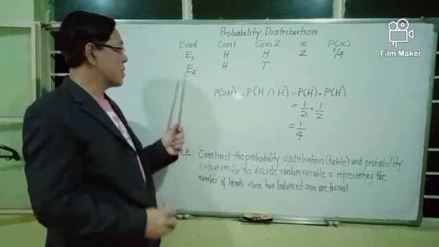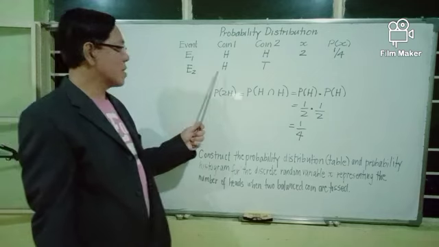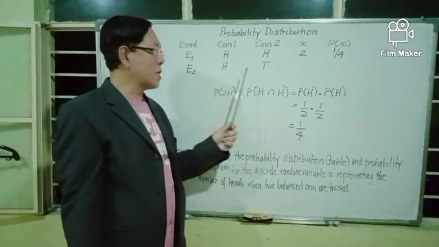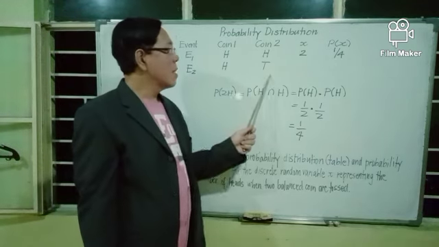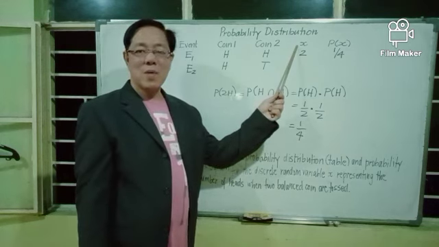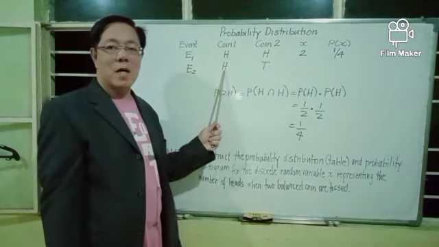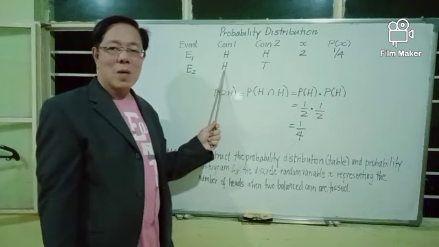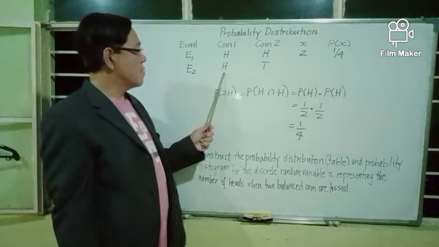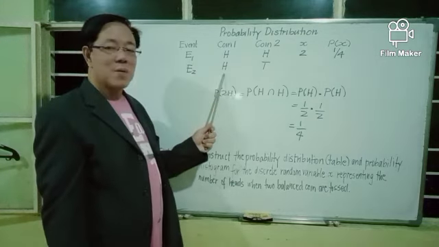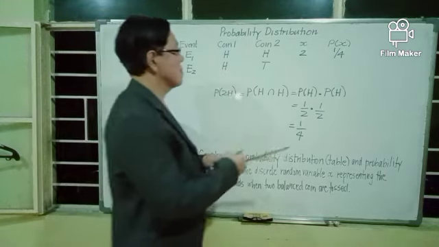For this event E2, the value of the discrete random variable x is 1. We are interested in the number of heads when 2 balanced coins are tossed, and for this event E2, the number of heads is 1.